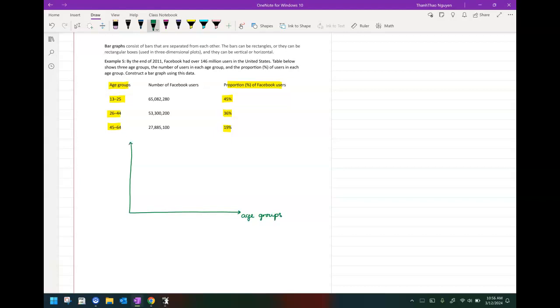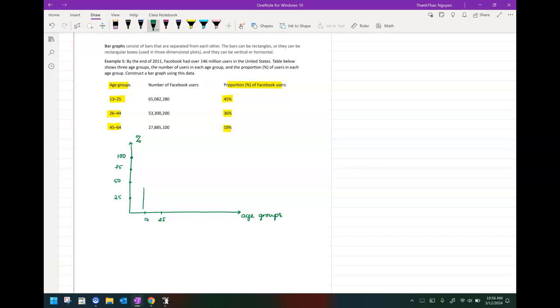On the y-axis, I will have the proportion. So up to here is 100%, 50, 25, 75. In the first age group, 13 to 25, it is 45%.